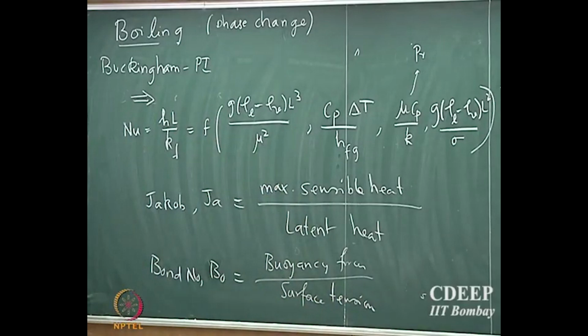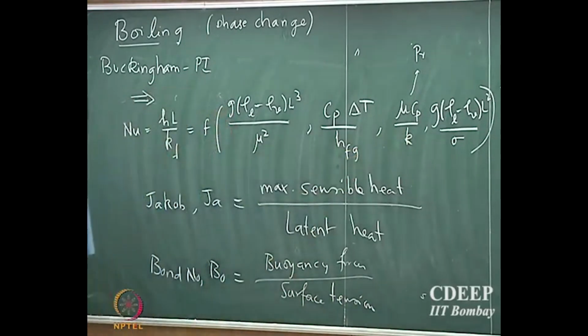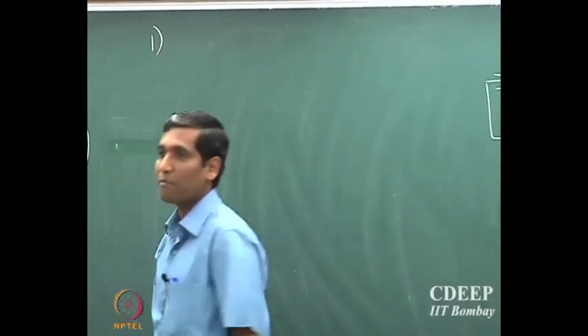So, that is the Bond number, and these are the 5 dimensionless groups that will come out of the Buckingham pi theorem. I think all of you should try to get these 5 groups. You go back to your fluid mechanics notes where you've been taught how to derive these dimensionless groups and find out what these 5 dimensionless groups are, starting from the fact that the heat transport coefficient depends upon these 9 factors here.